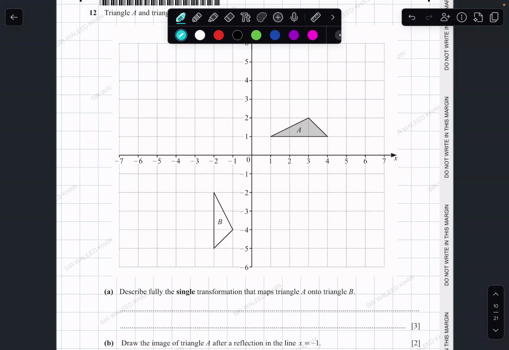Okay. What if I say it's a reflection? Then can it be or not? No. Why? Any reason why it can't be reflection?